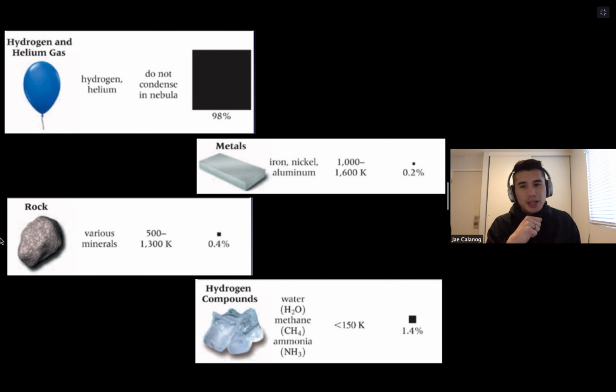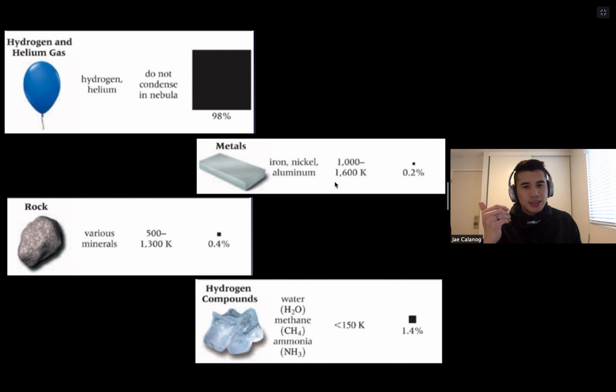However, the metals here, if you add them up, are 0.4% and 0.2%, less than a percent. That's actually enough material to make all the planets in the solar system.